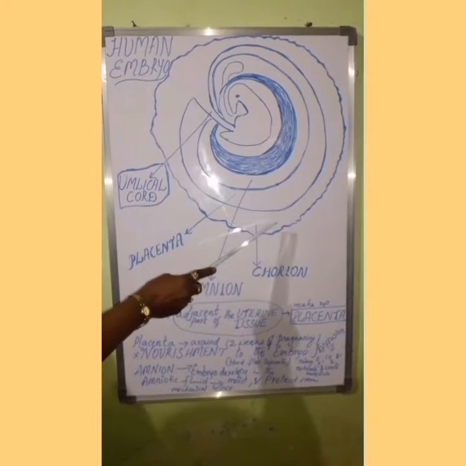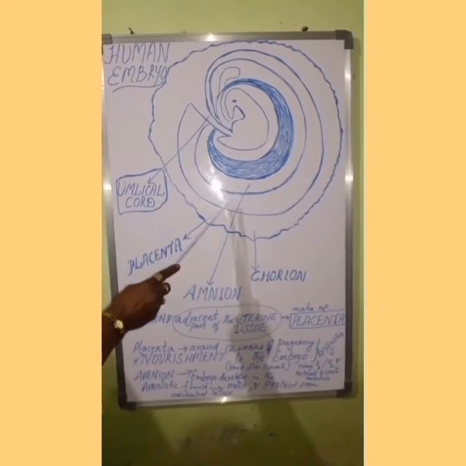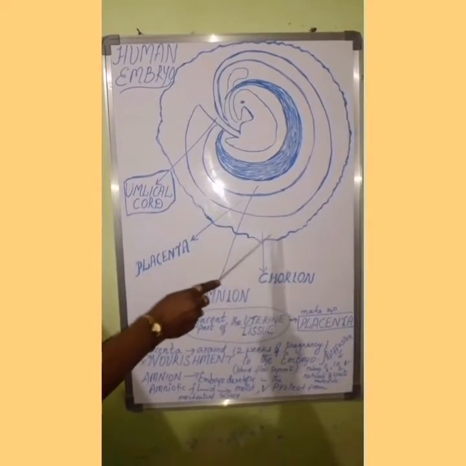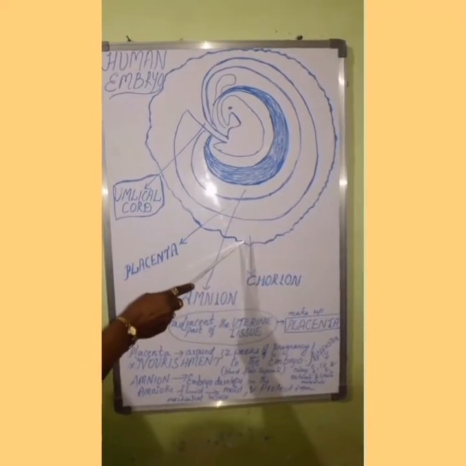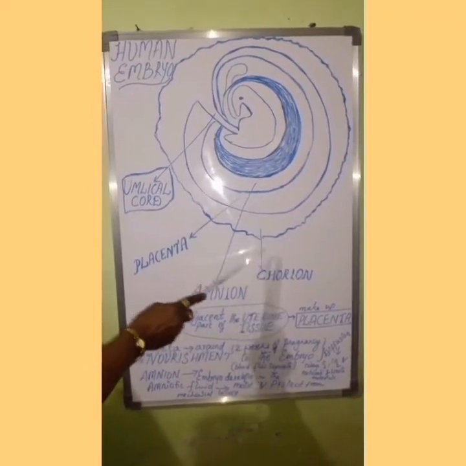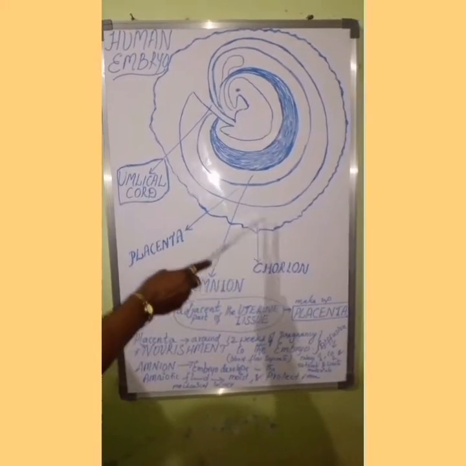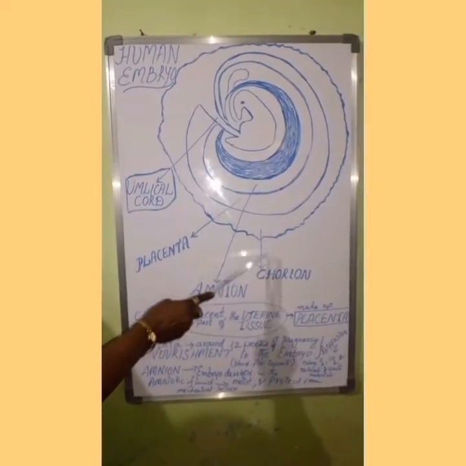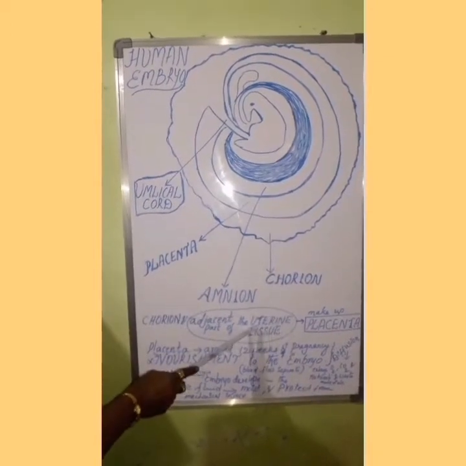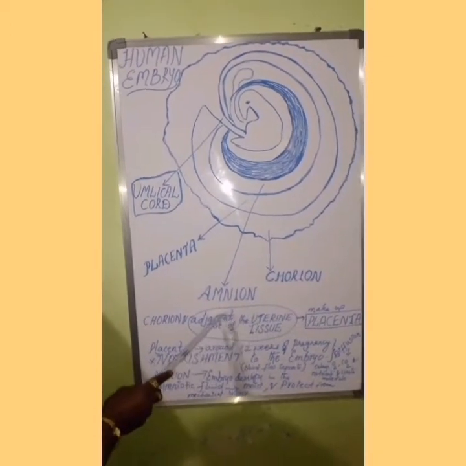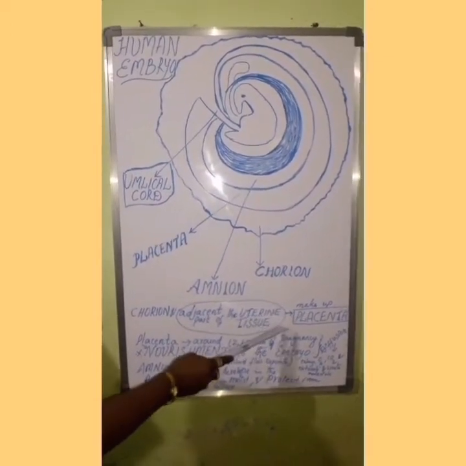We can observe small pools of rapidly moving blood around these finger-like projections in the uterine wall. The importance of the chorion is that its tissues and the adjacent part of the uterine wall make up the placenta.